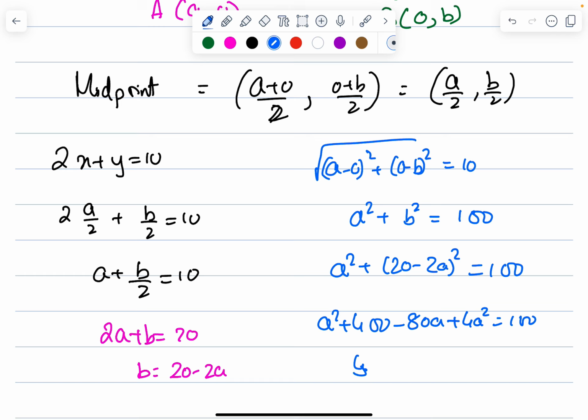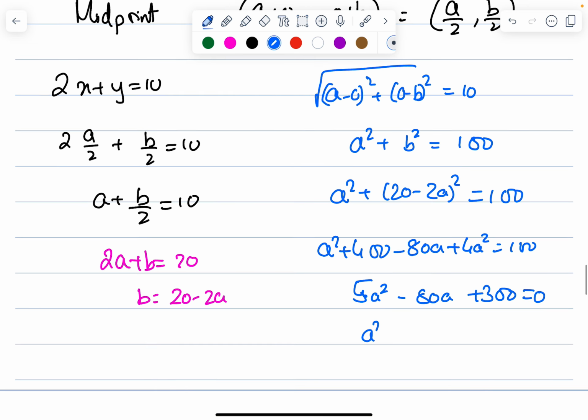So 5a squared minus 80a plus 300 equals 0. So a squared minus 16a plus 60 equals 0. Then we have to factorize it. (a minus 10) times (a minus 6) equals 0.